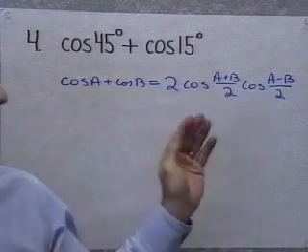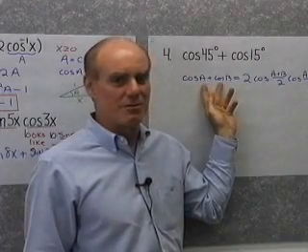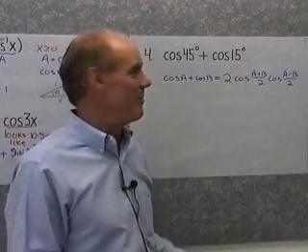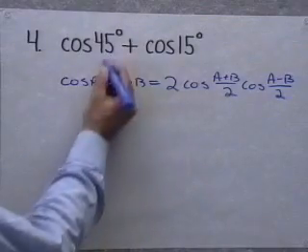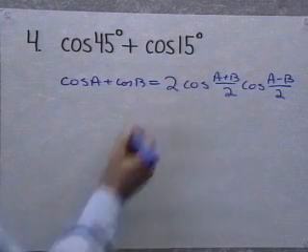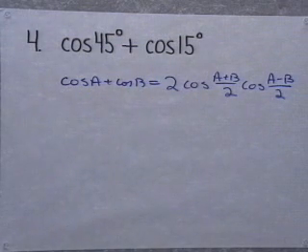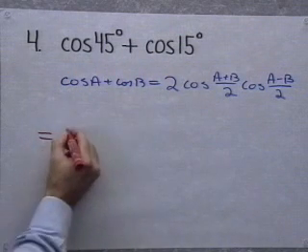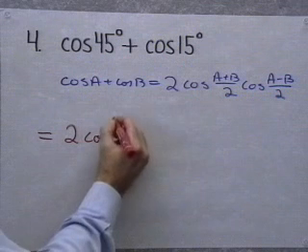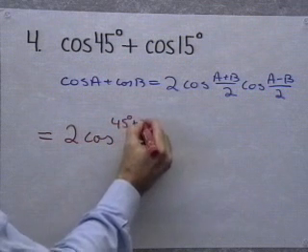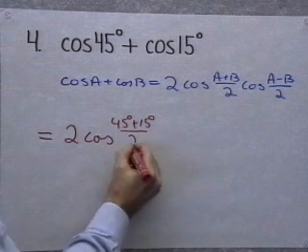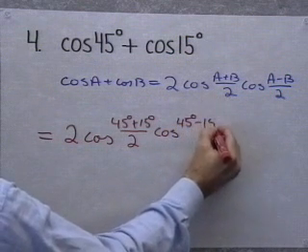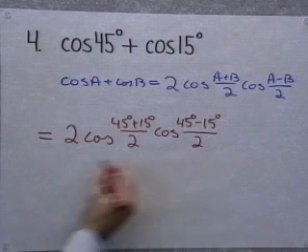But the purpose of this formula is if you have a sum of 2 trig functions, you can write it as a product. Okay, so let's see if we can apply it to this problem right here. So A is equal to 45 degrees, B is equal to 15 degrees. That means that cosine 45 plus cosine 15 is going to be 2 cosine of 45 degrees plus 15 degrees over 2 cosine of 45 degrees minus 15 degrees over 2.